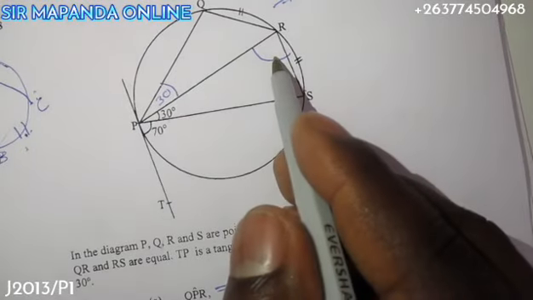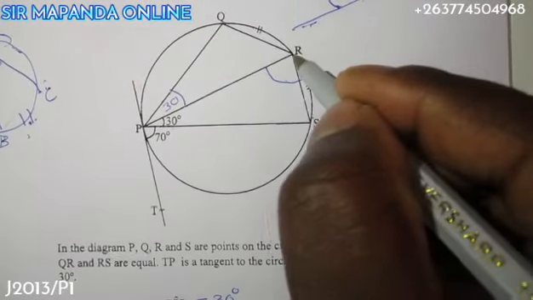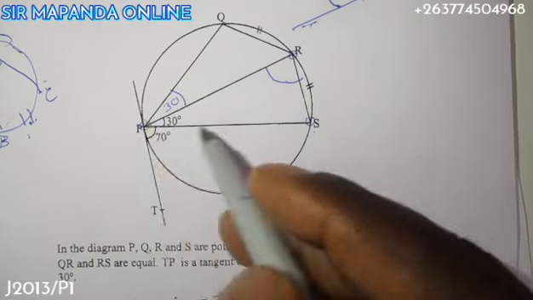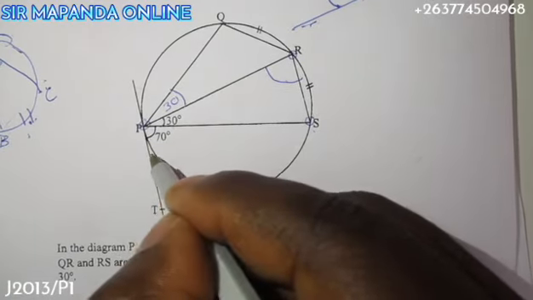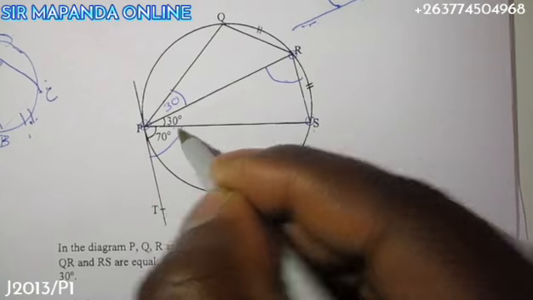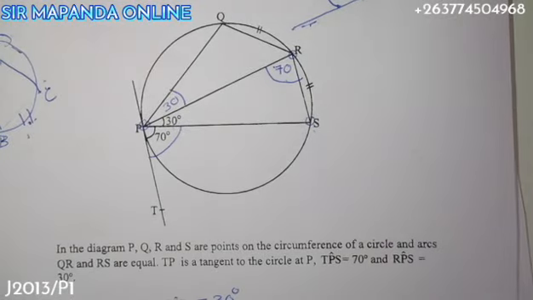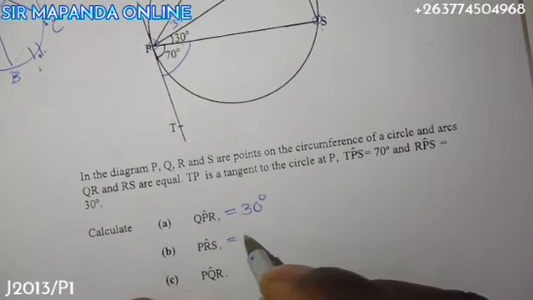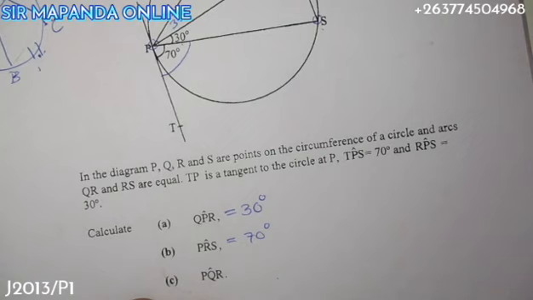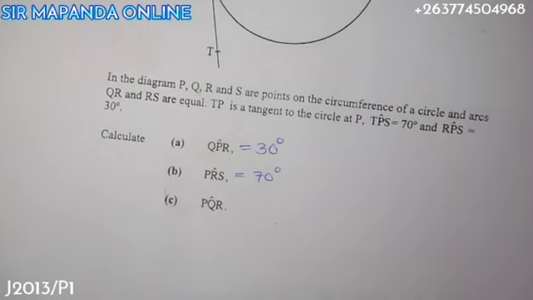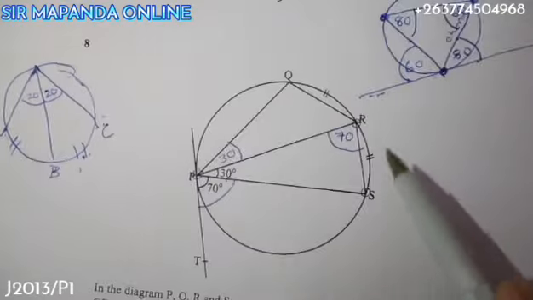We want to find angle R, but you can clearly notice that R, S, and P is a cyclic triangle. So if this angle is 70, it simply means you have 70 degrees at R. So PRS is equal to 70 degrees. We move on to part C. Calculate PQR.